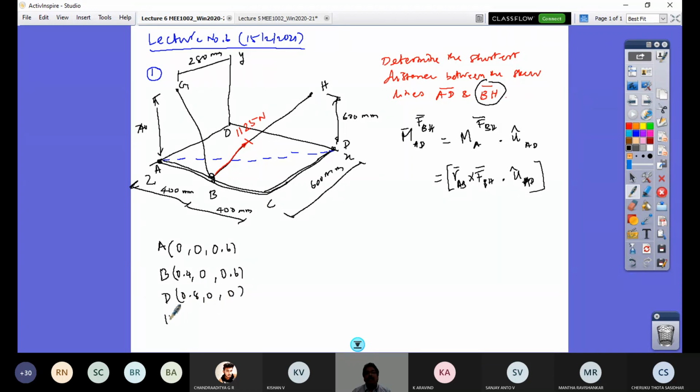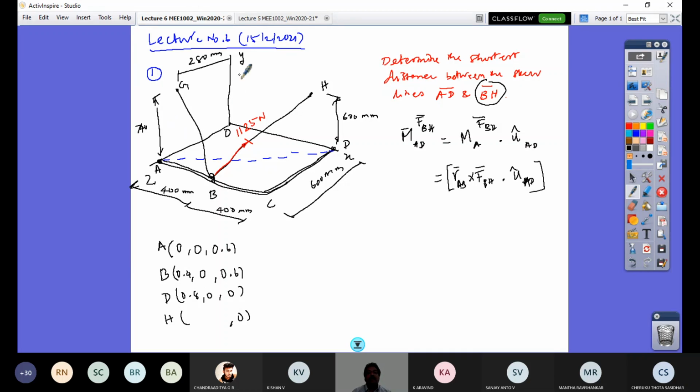And what is point H? Point H is here in the xy plane, so Z is 0. What is my X? X is not given. Oh, just a minute, let me check. That is 700.